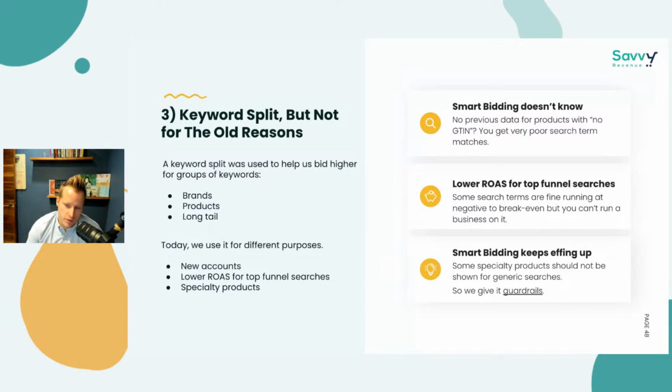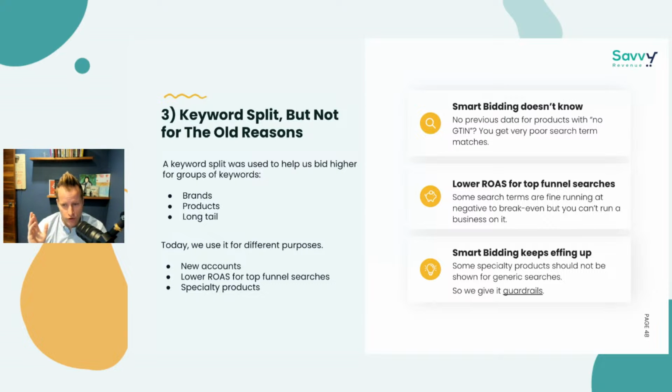And then if smart bidding keeps messing up, so we have a specialty store that sells this very particular type of chair in the US, and we keep getting shown up for the wrong searches. Like, we have a specialty chair and it gets shown for office chair. We remove office chair and then it gets shown for X chair, which is a brand of office chair.